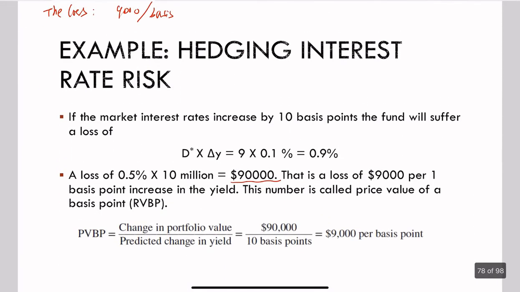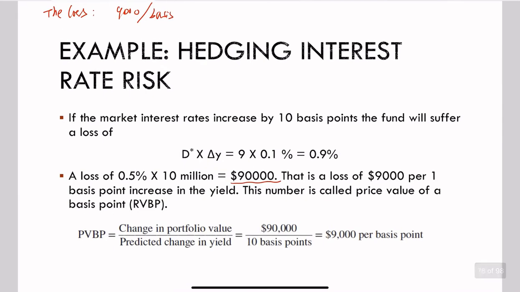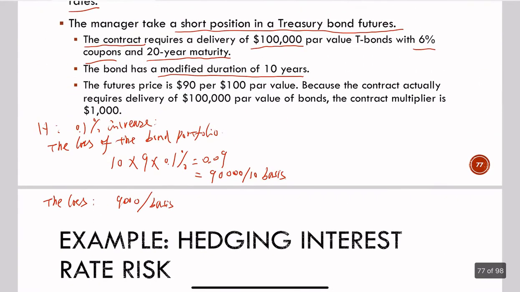It's called price value of a basis point, PVBP. The PVBP for this bond portfolio is $9,000 per basis point.